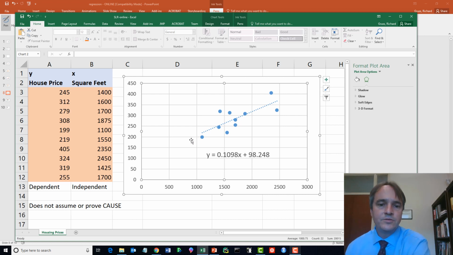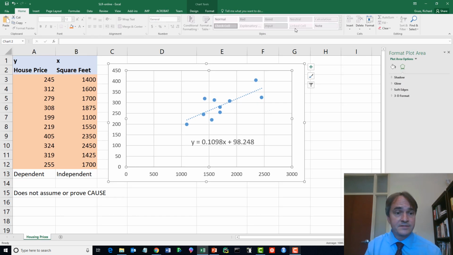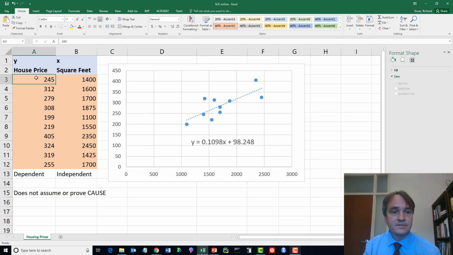But let's go ahead and use the Data Analysis ToolPak to actually do the official regression, because we'll see that that gives us a lot more output that we can use later for, say, assessing the model fit, which we're going to do next time. So I want to regress house price on square feet. By convention, you are regressing your y variable on your x variable. So let's do that.